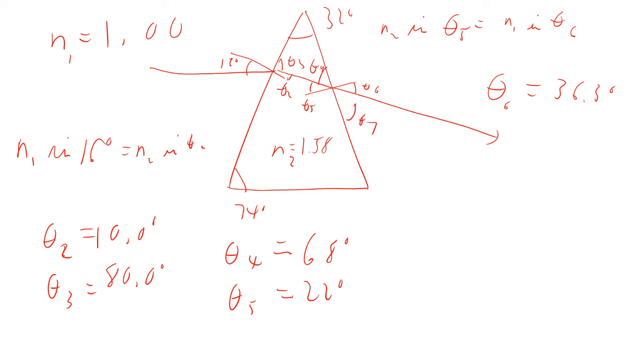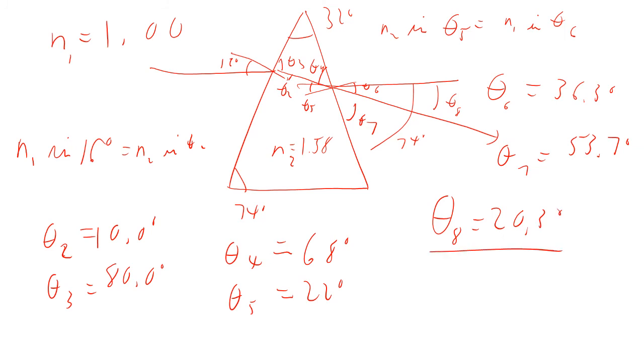So theta 7, 90 minus 36.3 is 53.7 degrees. Okay, and so this is still 74 degrees. And so this angle, theta 8, is going to be 74 minus 53.7, so that would be 20.3 degrees.